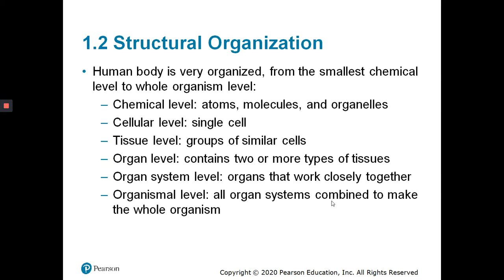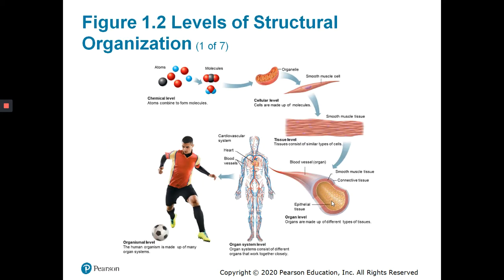So this is just kind of the hierarchy of how we look at the various structures in the human body. And again, we start down at the smallest with the individual atoms that make up our cells, and then we look at the whole organism as a whole to kind of study how all those organ systems work together. All right.